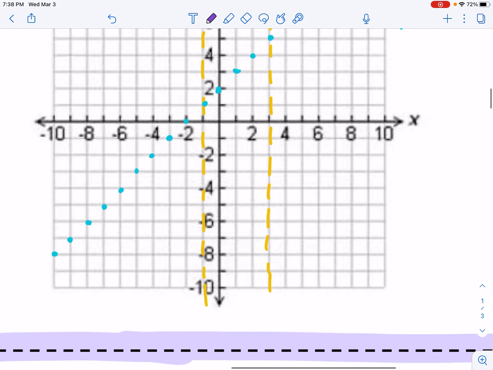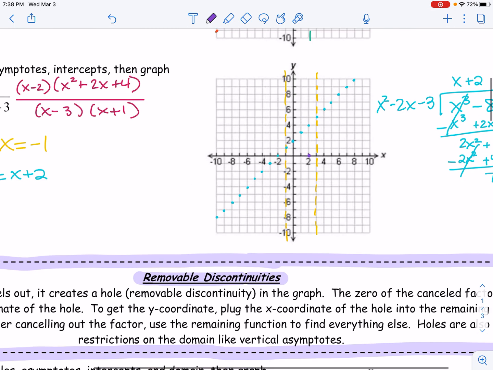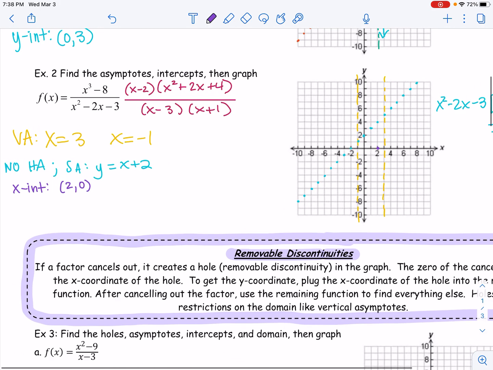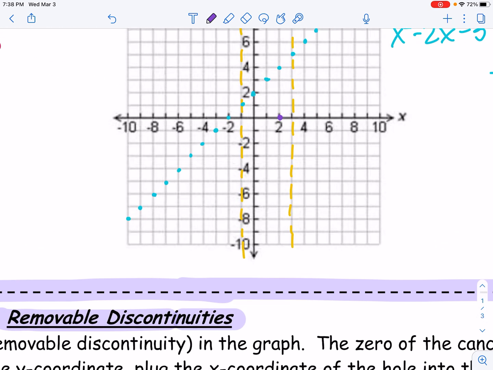So my x-intercept of (2, 0) is here. And then my y-intercept is going to be at (0, 8/3). I plug in 0 for x, and that leaves me with the constants, positive 8 over 3. Positive 8 over 3 is a little bit more than 2, so it's right above that slant asymptote, okay?